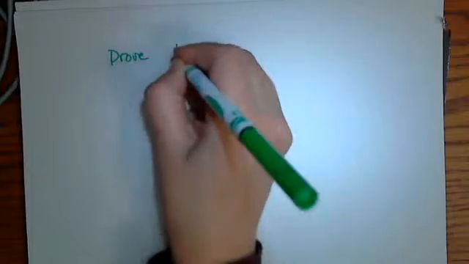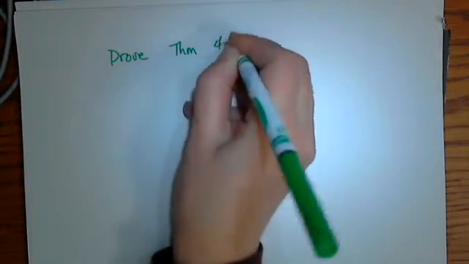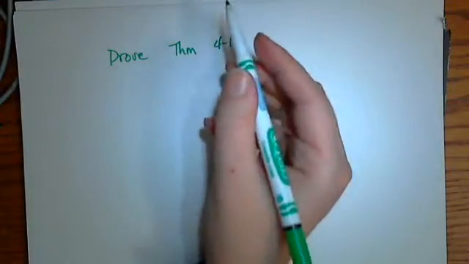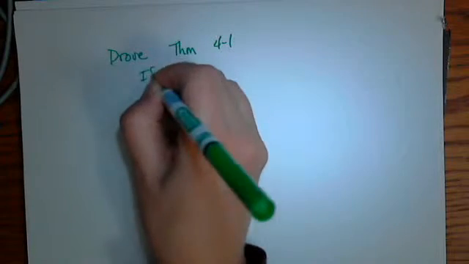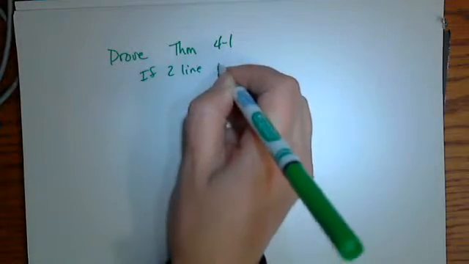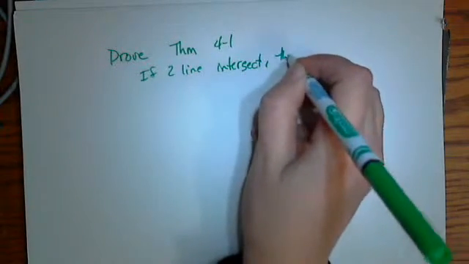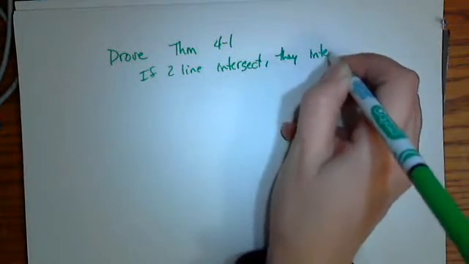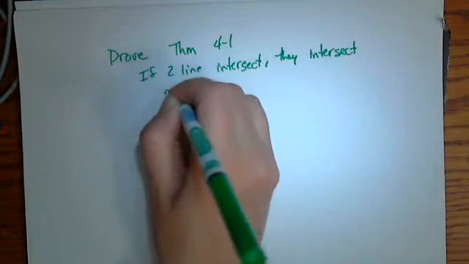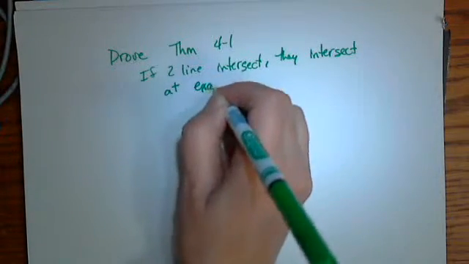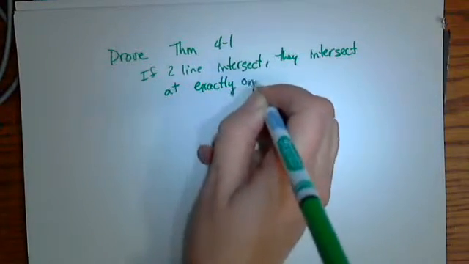So for example, the very first thing that we're going to practice with is we're going to prove theorem 4-1. And for us, theorem 4-1 is if two lines intersect, they intersect at exactly 1 point.